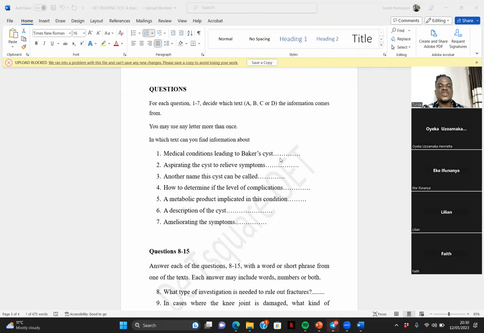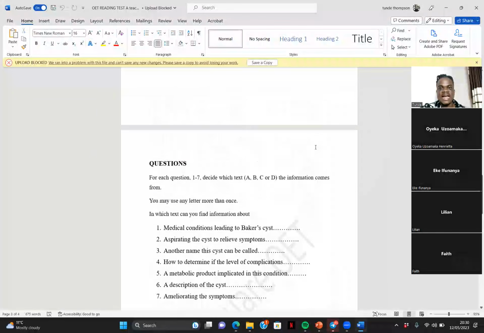Do you understand? You should be able to paraphrase, because you're not going to see the answers handed to you that cheaply. So in that case, if you go to text B, that's where you will see the answer.